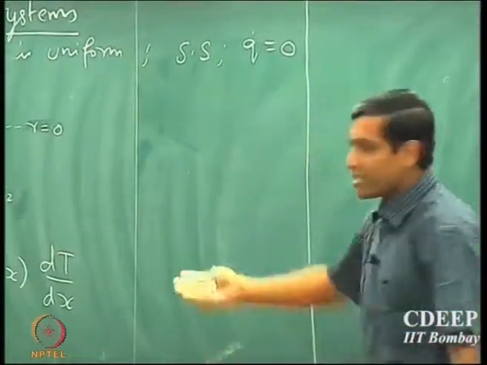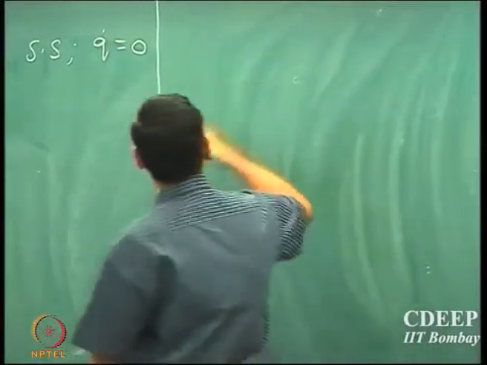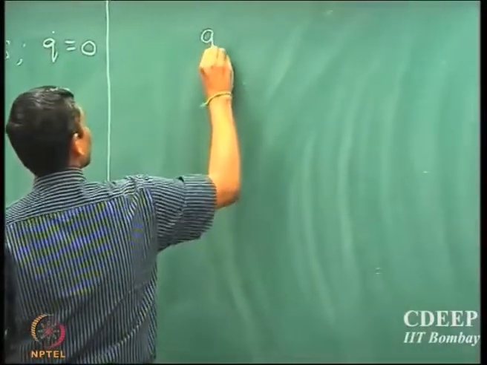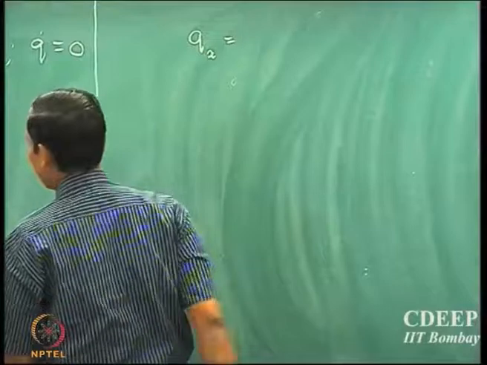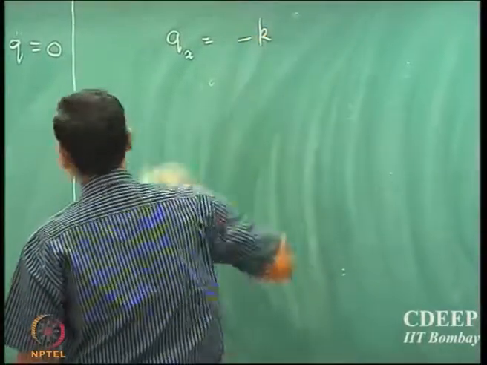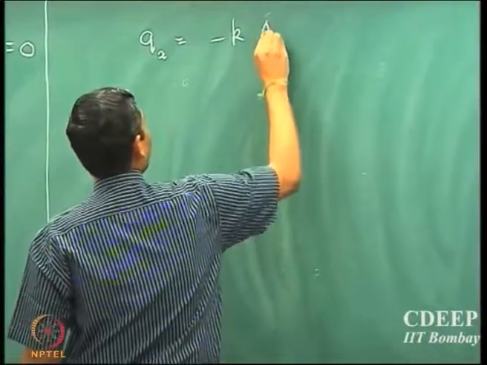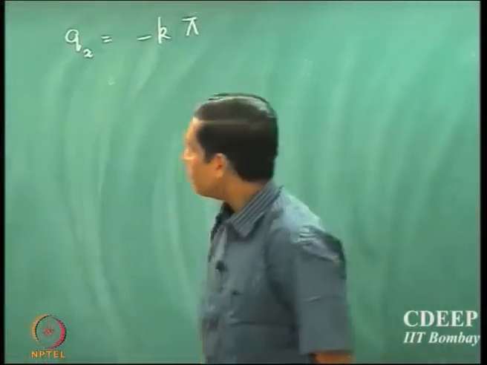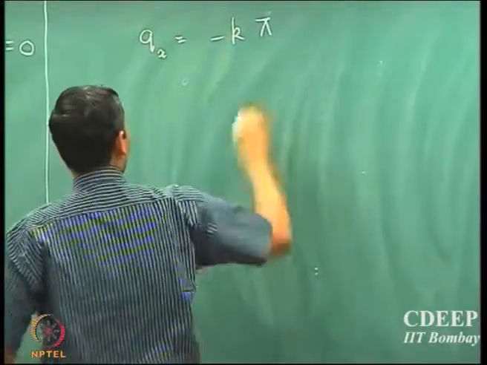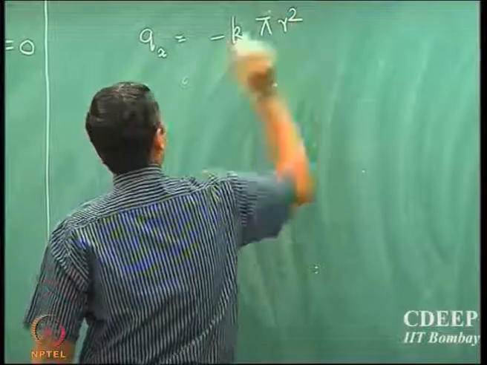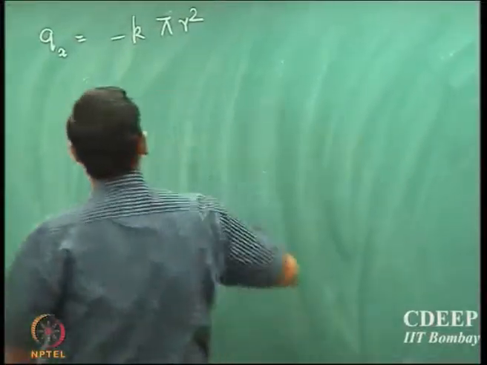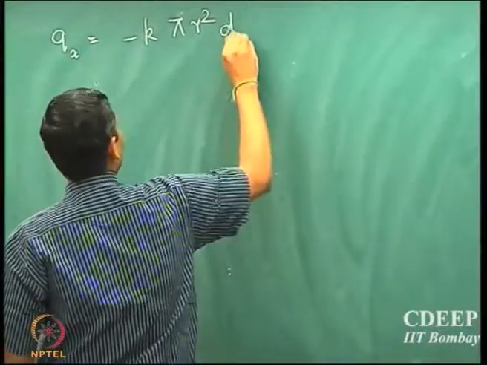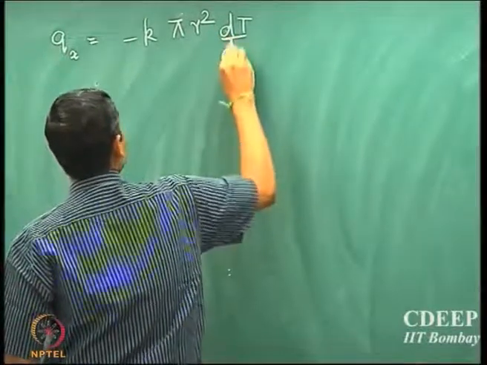So let us say we integrate this equation. We say that Qx is minus K times the area. The cross sectional area is pi r square, multiplied by dT by dx.